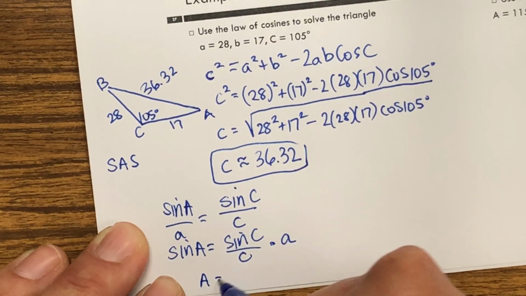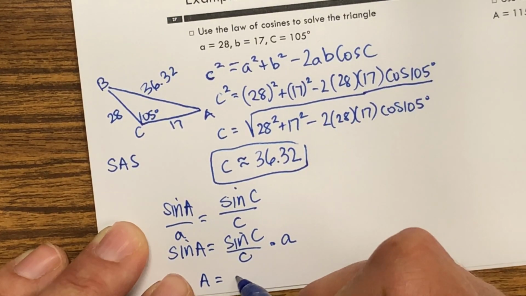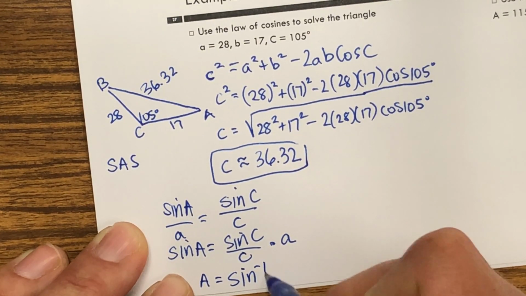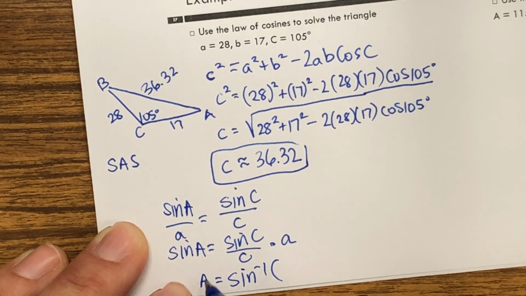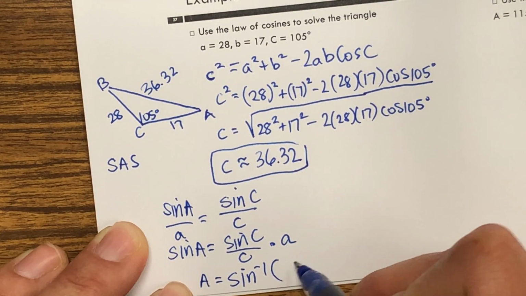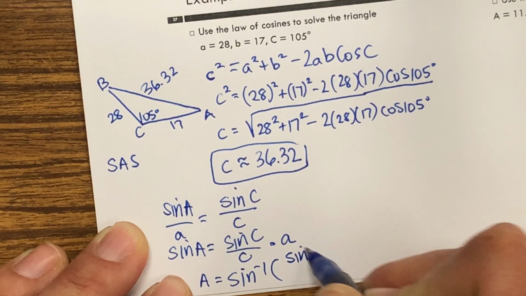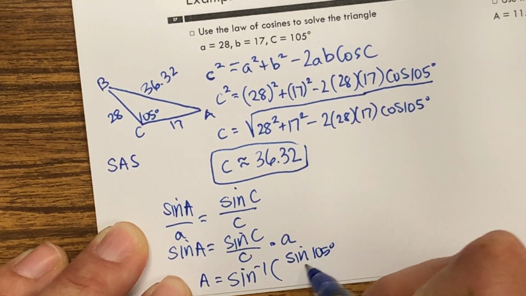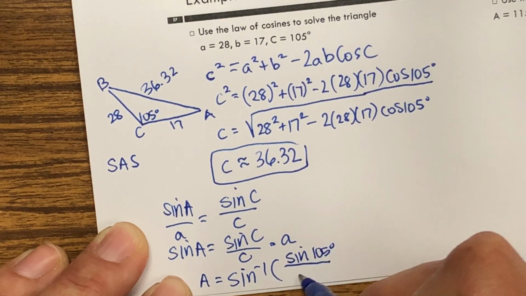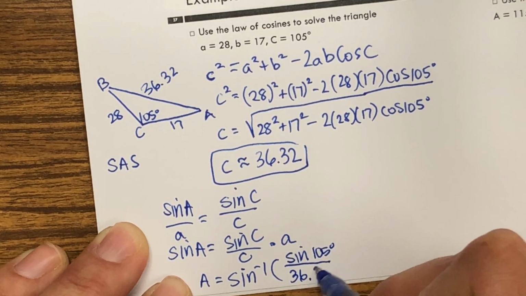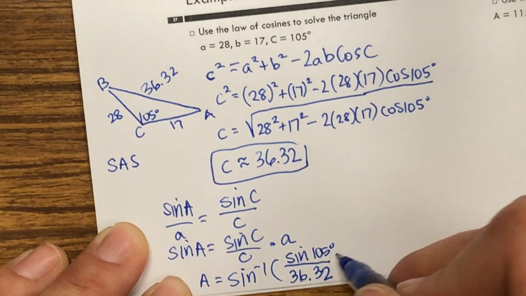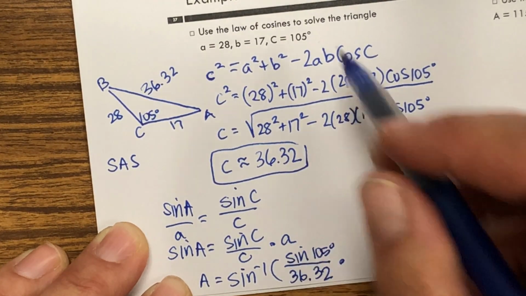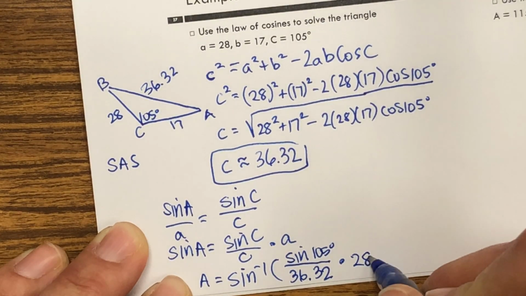And now A is going to equal, don't lose your minds, sine inverse, because to get an angle by itself, I have to do the inverse of that. Sine inverse of the sine of C, angle C, which is 105, over side C, which is 36.32, times A, side A, which is 28.